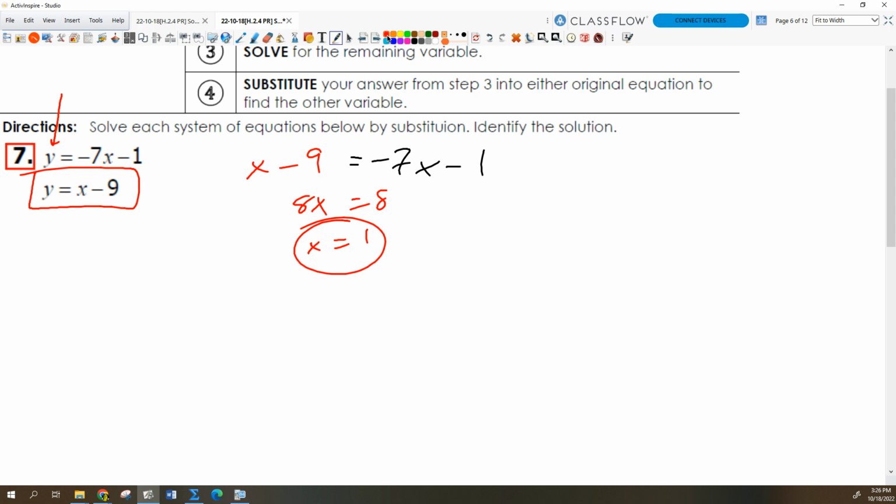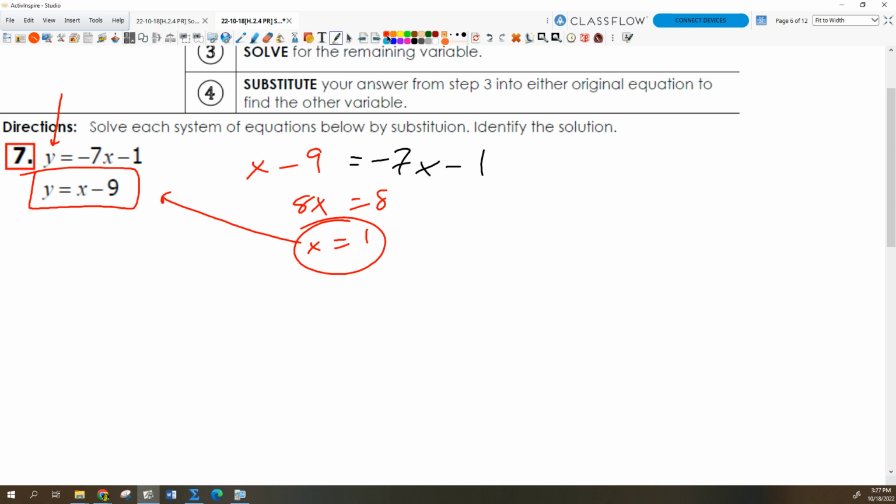No, it's a system. I need values of both the variables. So where do I go to find y? Into the boxed equation. How about that, right? So I'm going to plug that right into the boxed equation. In this case, I could have used either one, but in most cases, if y isn't isolated in both equations, which it's usually not, then I'm going to go back to the equation where I already did the work of isolating a variable, right, and plug into that one.